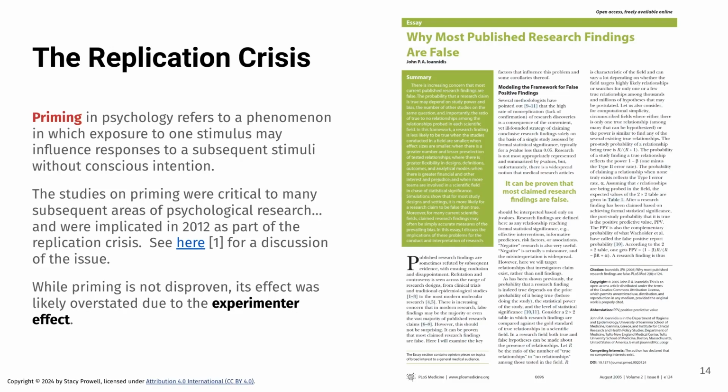So priming is a psychological phenomenon where I show you something, I give you a stimulus, and that primes you to respond to a later stimulus without conscious intention. Think about subliminal messages in movies and TV and music.